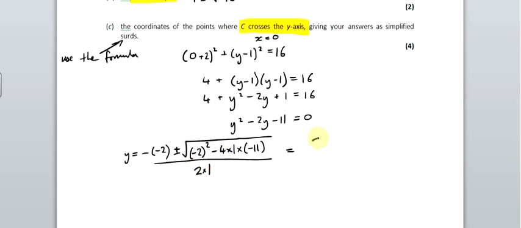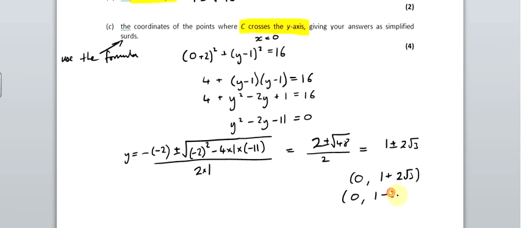And you should get plus or minus root 48 over 2, which will simplify down to 1 plus or minus 2 root 3. Apologies, I have trouble with this. So we've got our 2 crossing points at 0, 1 plus 2 root 3, and the other one is 0, 1 minus 2 root 3. And that's that. Hope it went well for you.